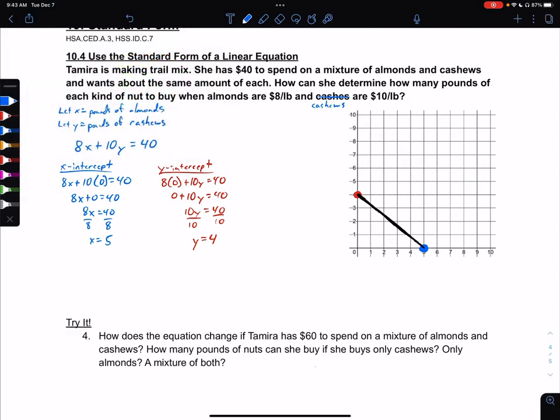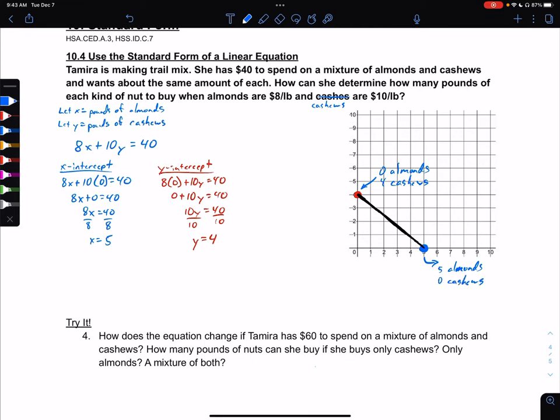So she could buy 0 pounds of almonds, right, and 4 pounds of cashews right here. Or here, she could buy 5 pounds of almonds and 0 cashews.